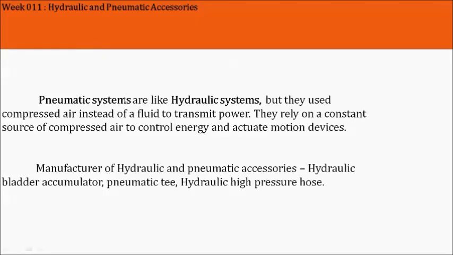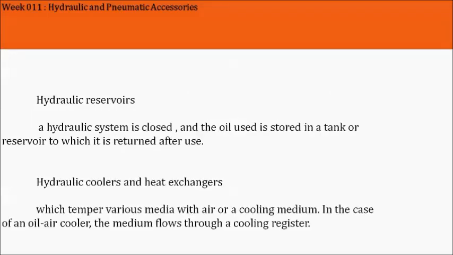Okay, manufacture of hydraulic and pneumatic accessories: hydraulic bladder accumulator, pneumatic fittings, and hydraulic high pressure hose. That is an example of accessories. Okay, hydraulic reservoir. That's why this one is expensive also.